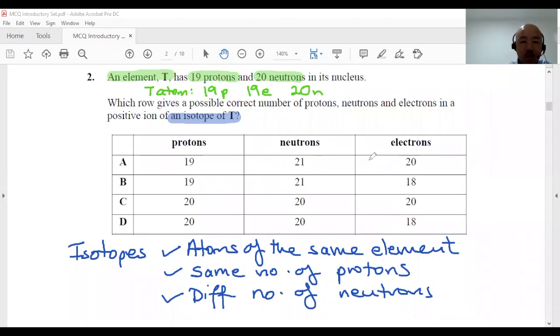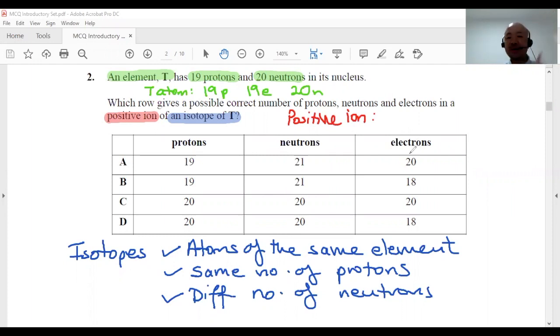So we are looking eventually at a positive ion of an isotope of T, not an atom of T, or rather an atom of an isotope of T. We are looking at a positive ion. So what do we understand about a positive ion? For a positive ion, I'm going to write here in red, initially when it's an atom, the number of electrons and protons is the same, it is electrically neutral.